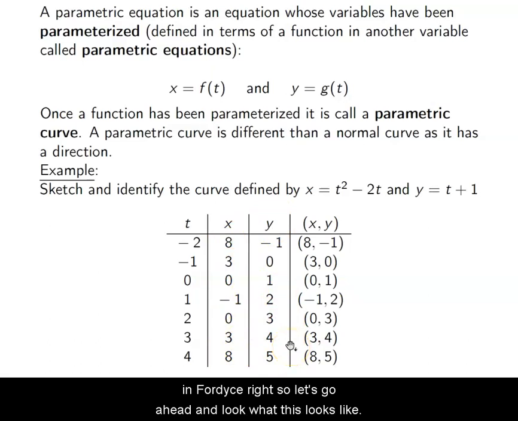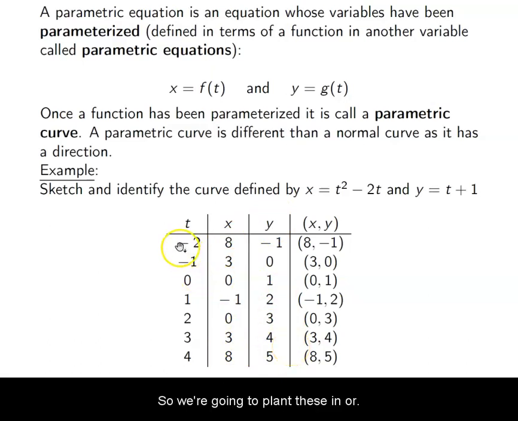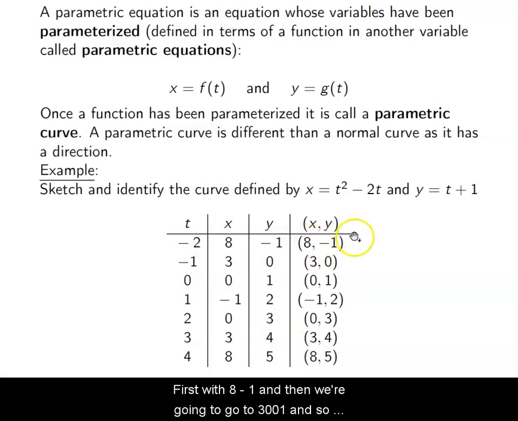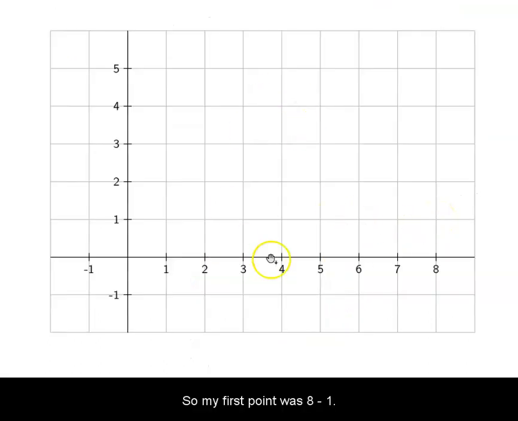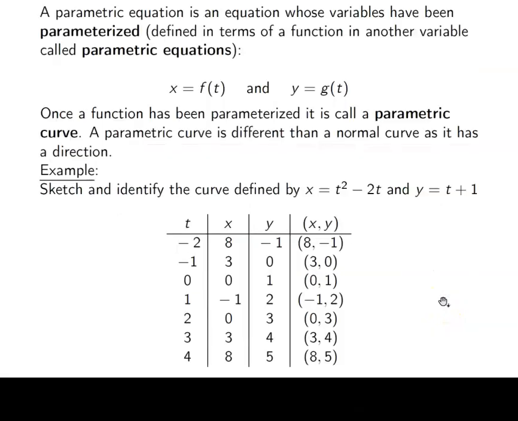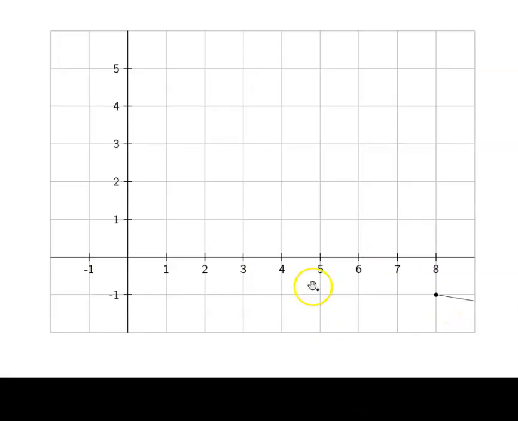Let's go ahead and look at what this looks like as a graph. We're going to plot these in order, first 8, negative 1, and then 3, 0, and 0, 1, and so forth, because this is the direction that the curve is going. My first point was 8, negative 1, when t was negative 2. My next value was 3, 0, at t equals negative 1.